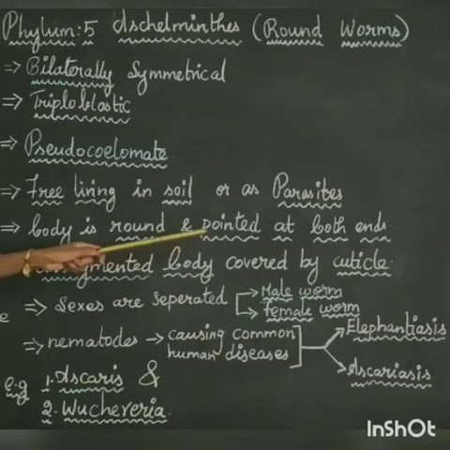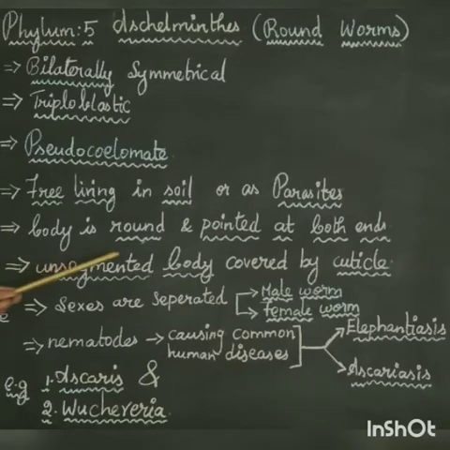In flatworm, that is Platyhelminthes, the body is somewhat flat. Here the body is round and pointed at both the ends, that is the anterior end and posterior end. I will show you in a picture after I complete this, then you will be clear.